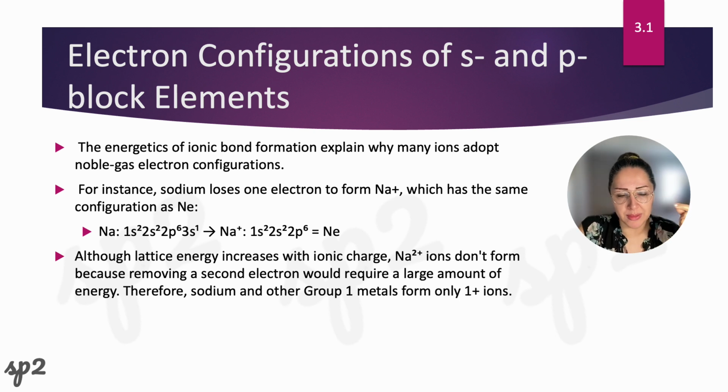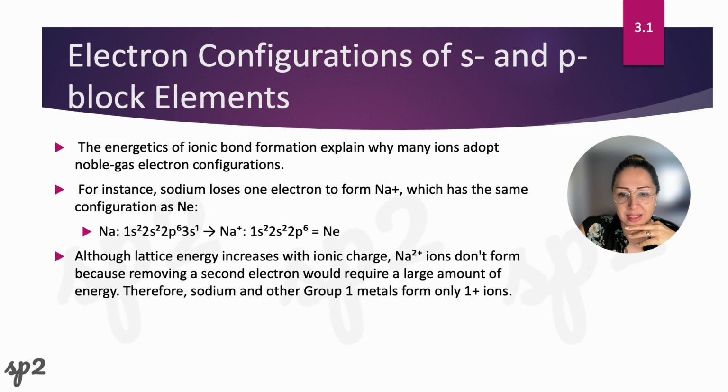Now, if you think about the lattice energy and the potential that we have between the cation and anion, we said that if we have more charges, we're going to have stronger forces between them, right? So it seems that if I have sodium with 2 plus, because we have higher charges, that would make a stronger ionic interaction.